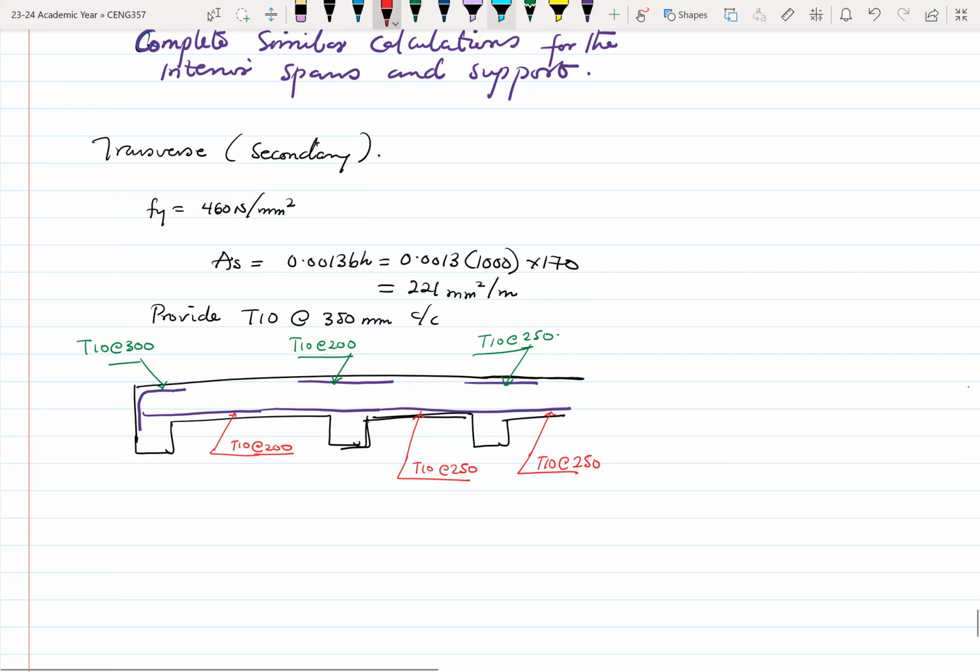Then we have the secondary rebars, which will be right there, which is what we just calculated when we were looking at the minimum. They will always appear where your main rebars are.